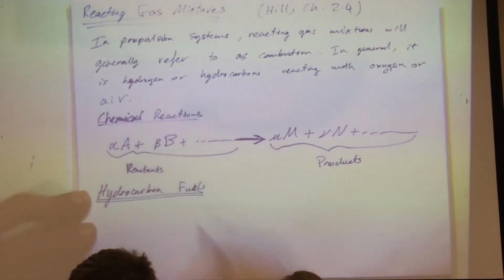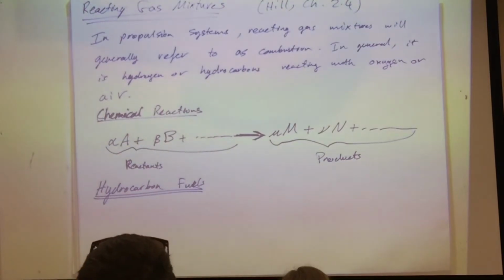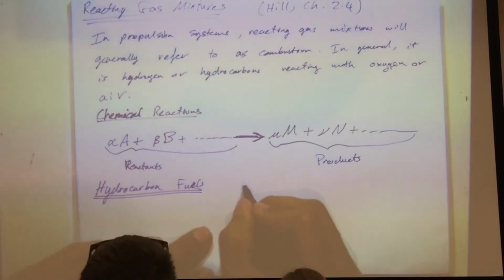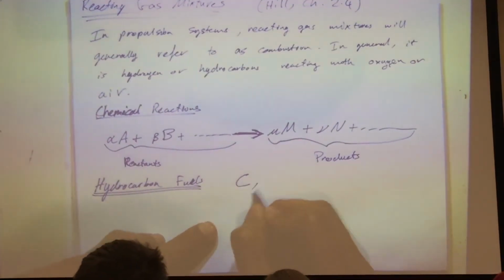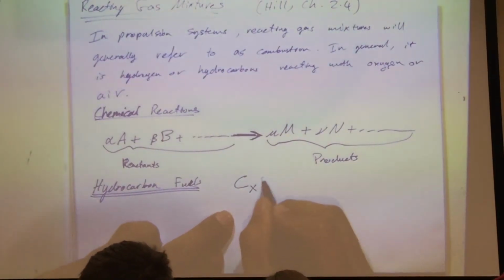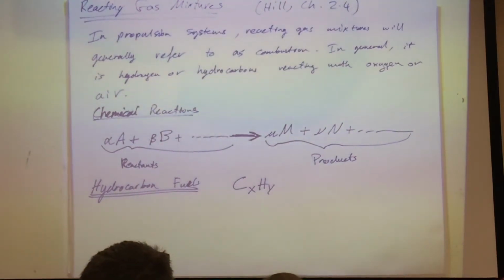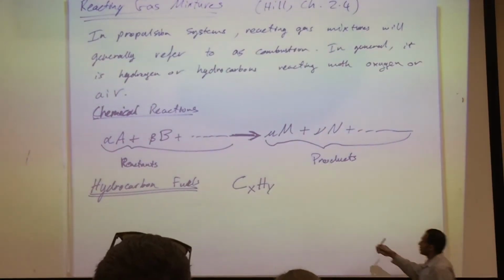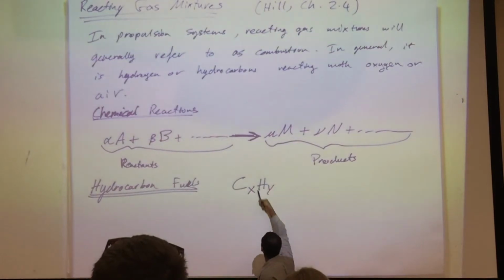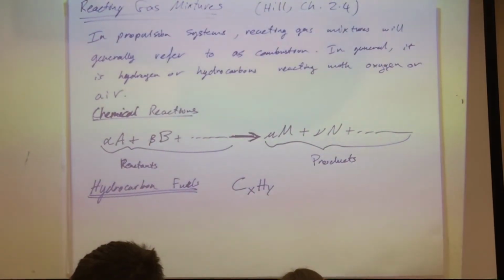Now, hydrogen is not a hydrocarbon fuel, it's just hydrogen. But hydrocarbon fuels are primarily some carbon of some sort with some concentration level multiplied by hydrogen with some kind of concentration level. So, essentially, I'm after this for reaction. We're always burning hydrogen. And when you think of it as, well, what is the sun?